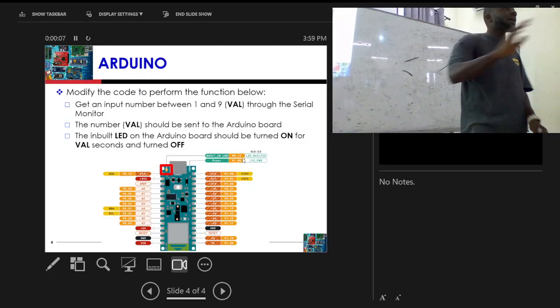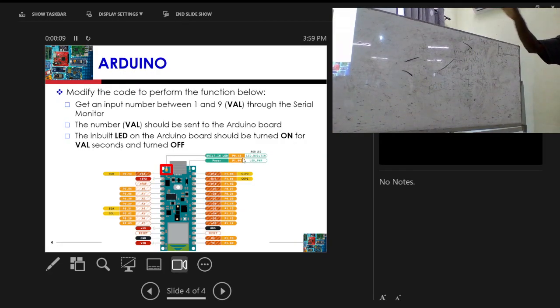Pay attention. The assignment is just to get an input. I'll show you how to design code where you can send a number from the PC to the board. You get an input number between 1 and 9.